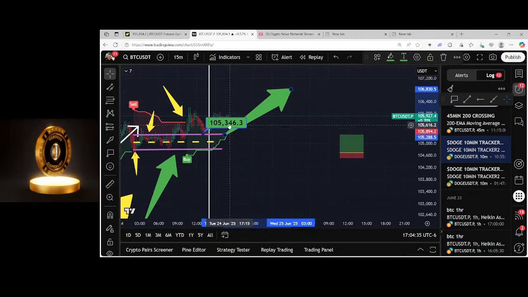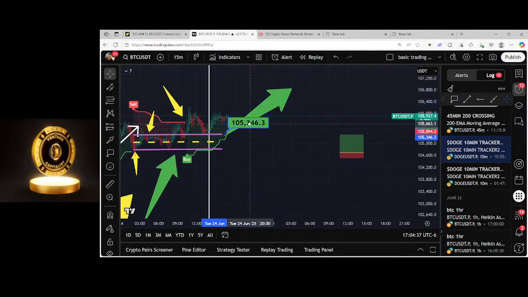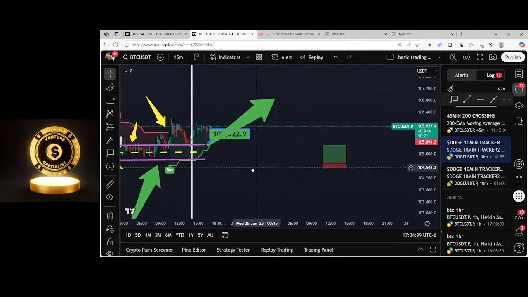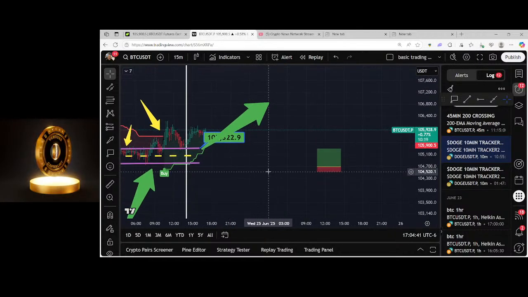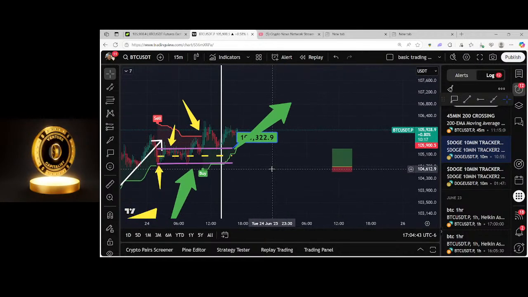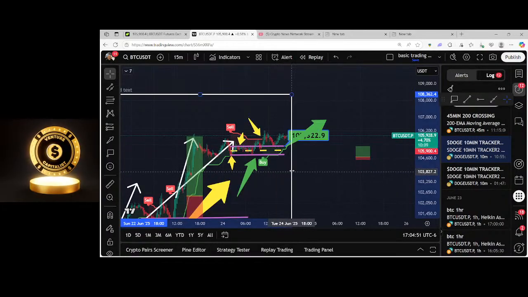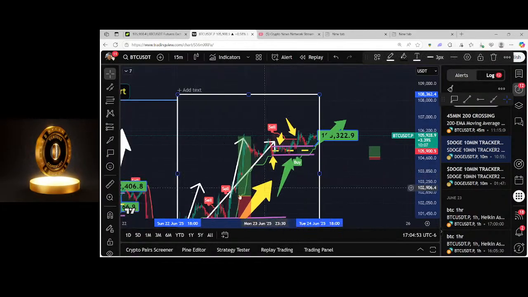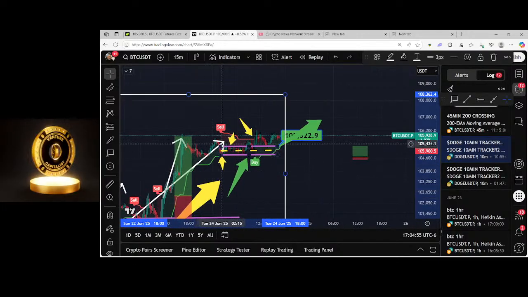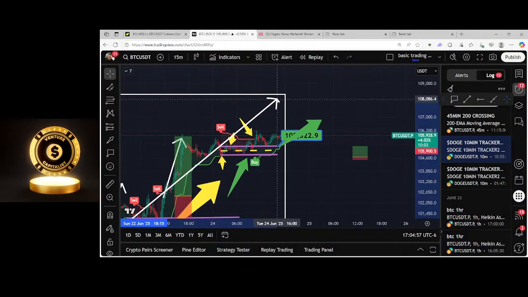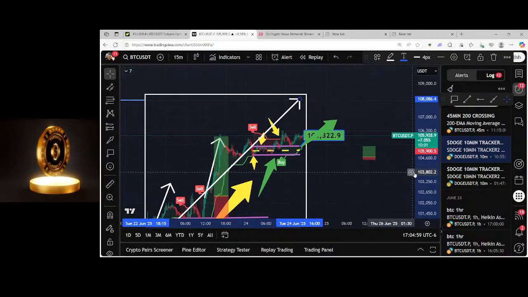Okay. Now that would be long for me. Yeah. And now, once again, the reason why we can go long here is because we're currently in this 4-hour RSI that's pushing up. Right? Currently, we are in a long position.